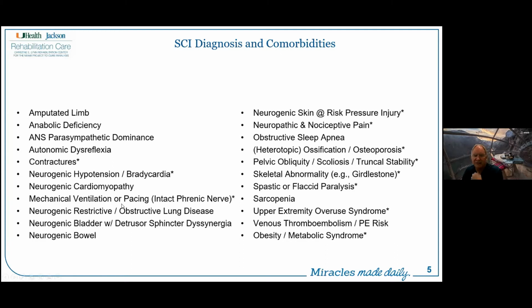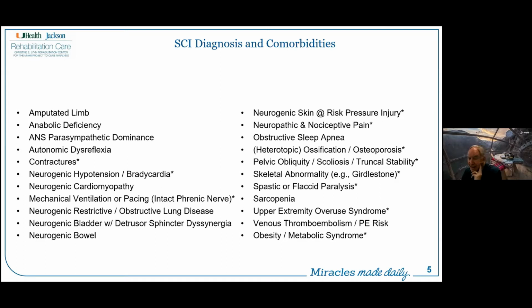Those with mechanical ventilation or pacers may need to have additional components on their wheelchairs. Those obviously individuals who have had significant pressure injuries in the past and or are at high risk, we need to take that into account.